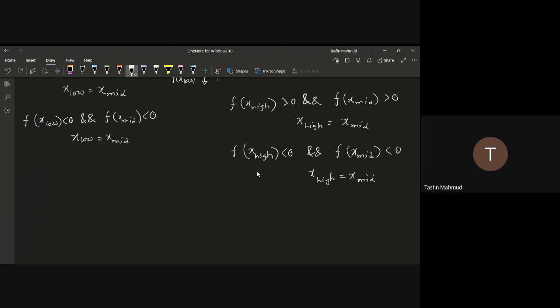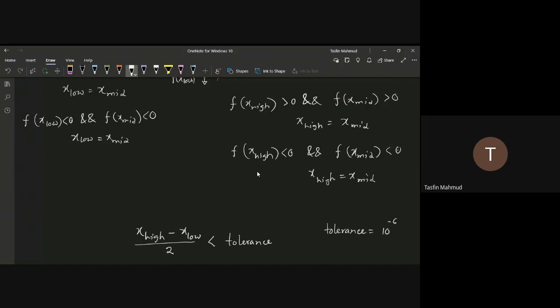If our x high minus x low divided by 2 is less than the set tolerance value, we will set the tolerance to a very small value, like 10 to the power minus 6.